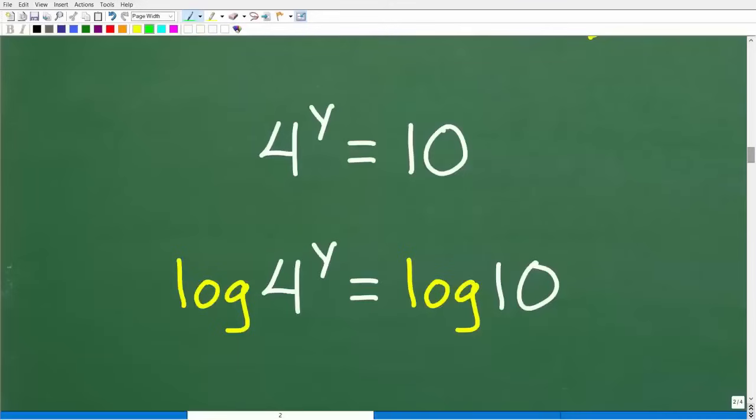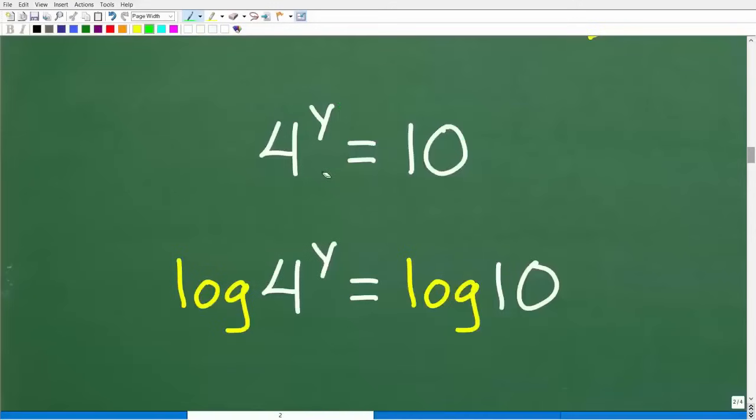Okay, so here is how you solve an exponential equation using logarithms. This is a big topic, so we're just going to look at a simple example. First things first, you need to have your equation written so that you have just one power on one side of the equation equaling one number on the other side.